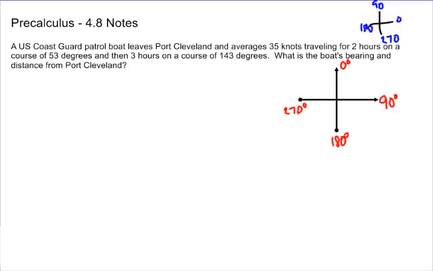So on this question, we have a U.S. Coast Guard patrol boat leaving Port Cleveland and averaging 35 knots, traveling for 2 hours on a course of 53 degrees.